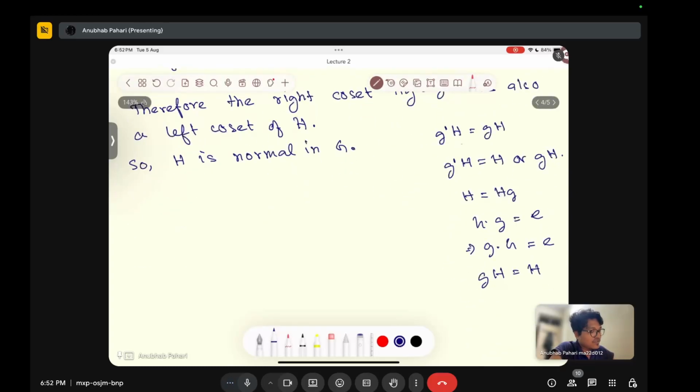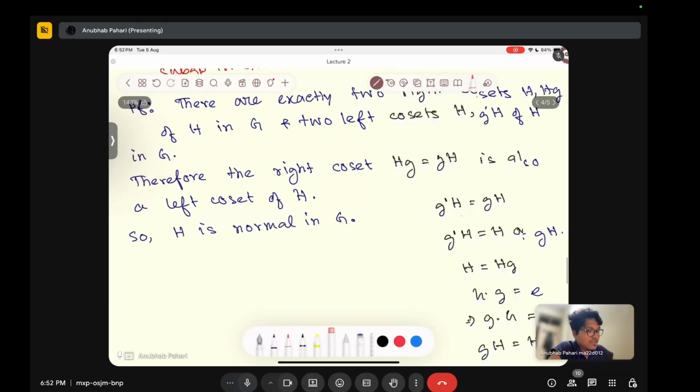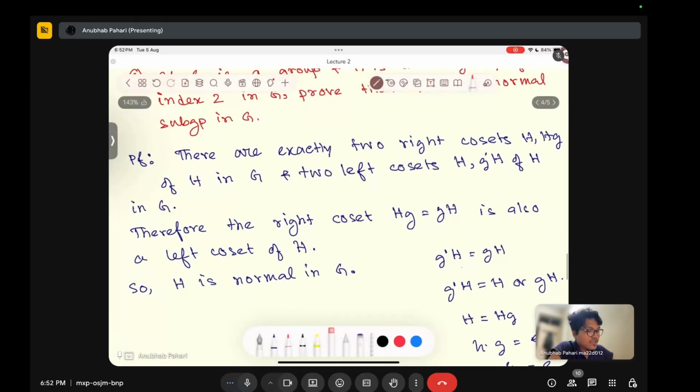Thank you, whoever just spoke, I did not see your name. Now is it clear? First we need to show that this G must be the same. Then we can state this.